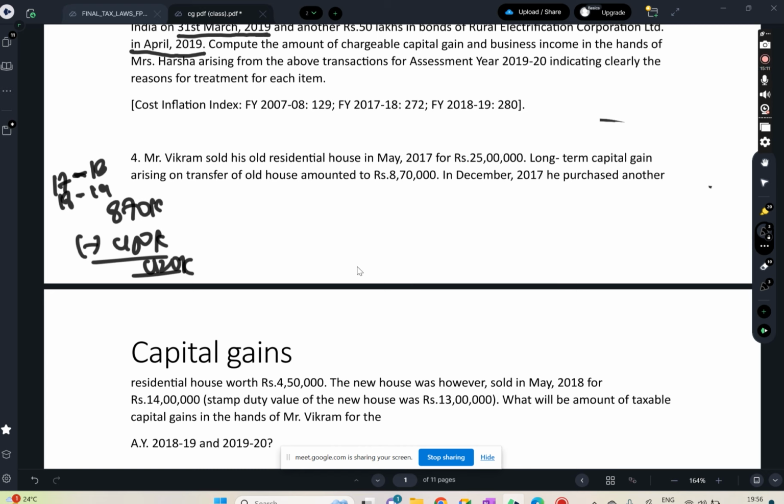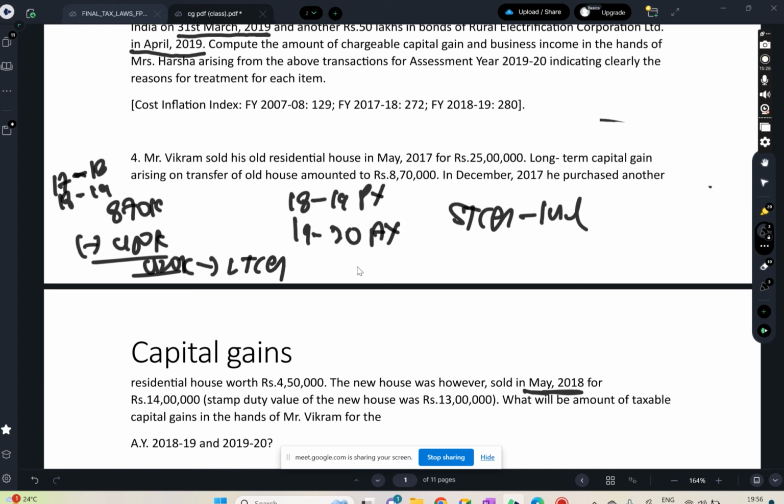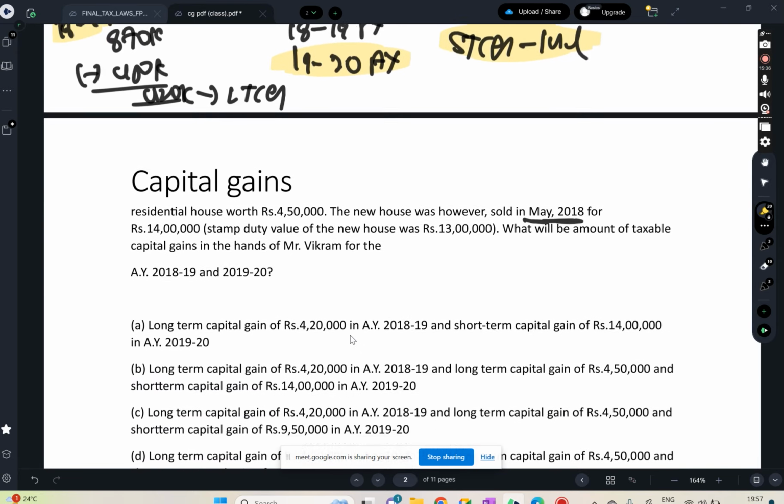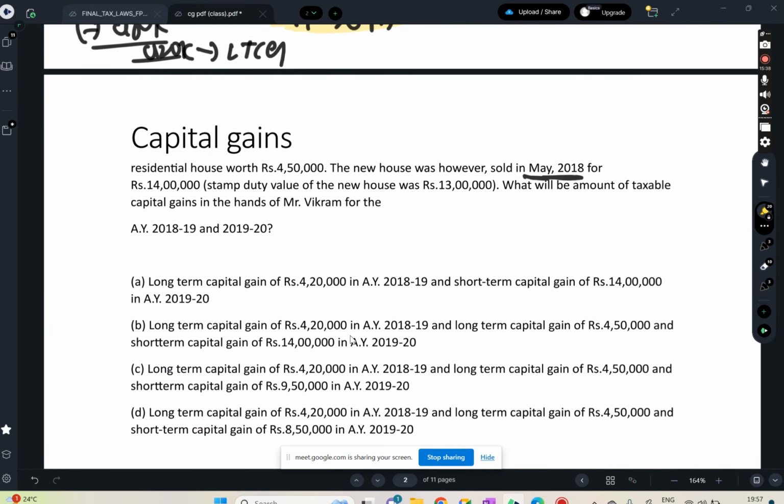Then in May 2018, the previous year is 18-19 and the assessment year is 19-20, and we get short-term capital gains of 14 lakhs. So this is long-term capital gains, assessment year 18-19, and short-term capital gains of 14 lakhs, assessment year 19-20. Now which option?